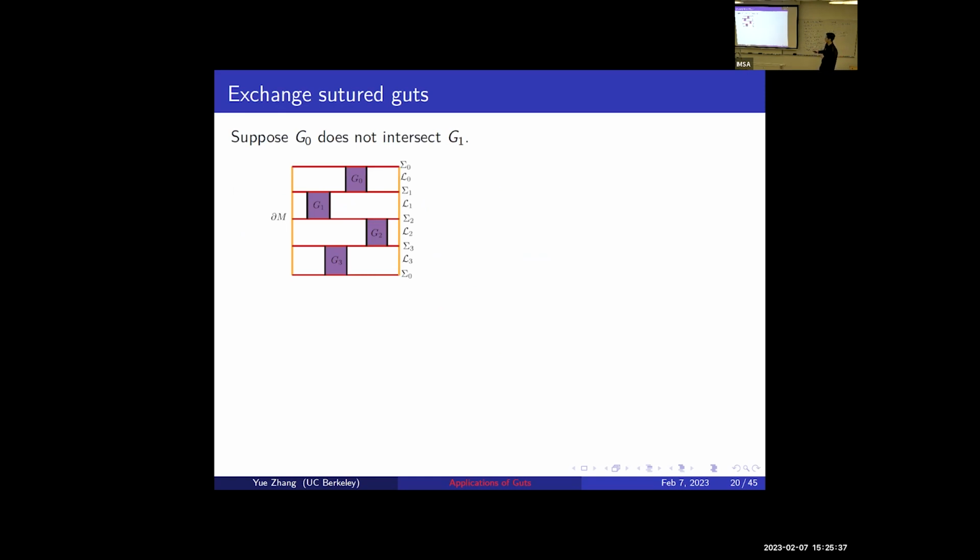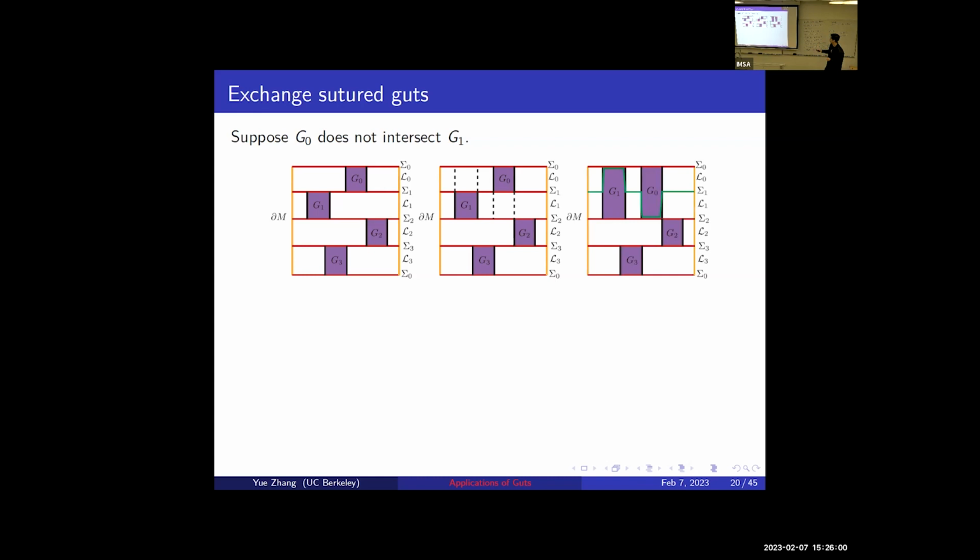I'm going to show you how to do some operation to create some more complicated guts. I think Ian also mentioned this in his talk. So let's assume G0 does not intersect G1. Then you can move G1 to the top and G0 to the bottom. How do you do that? You just take the surface like this.